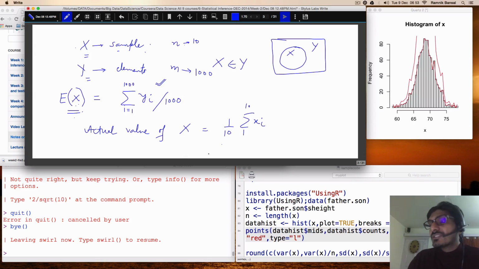This is the actual value of x from the sample of the random variable x. In some cases, your n could be equal to m, in which case the actual value and the expected value will become the same.